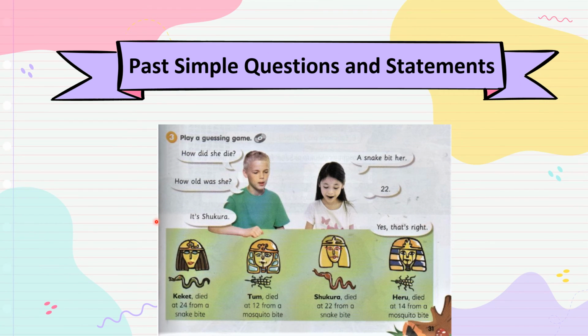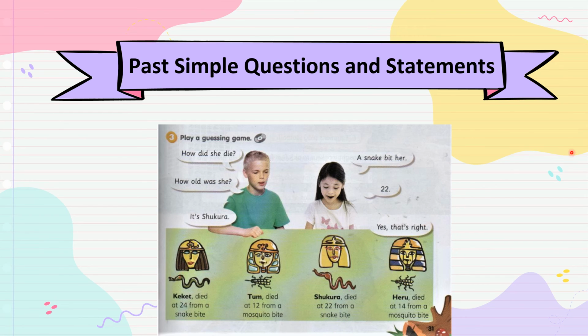Alright, so based on the previous slide, we have already guessed Shukura. How did she die? Bagaimana dia meninggal dunia? A snake bit her. Seekor ular menggigitnya. How old was she? Berapa usianya? 22, 22 tahun. It's Shukura. Ia adalah Shukura. Yes, that's right. Yeah, betul. So this is Shukura.